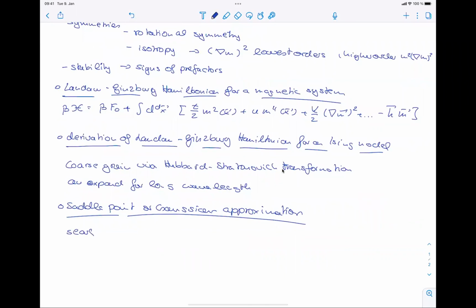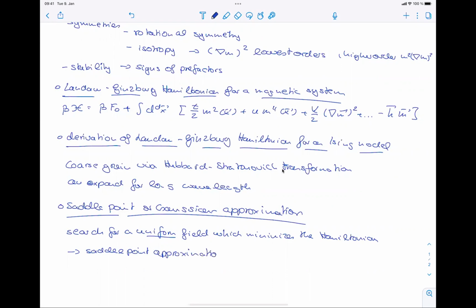So we search for a uniform field which minimizes the Hamiltonian and thus extremizes minus beta H. And in the saddle point approximation, we showed that for the Ising model, we recover mean field theory.